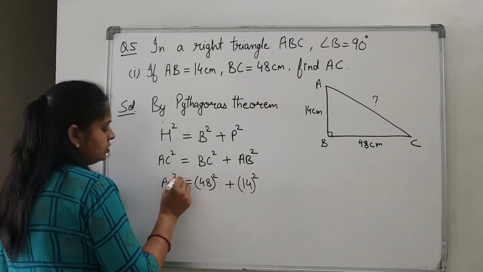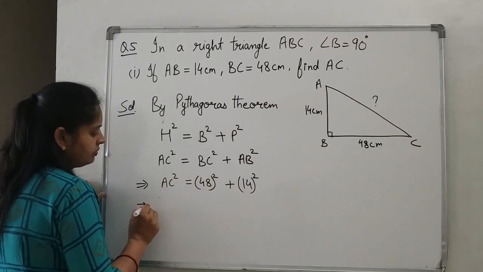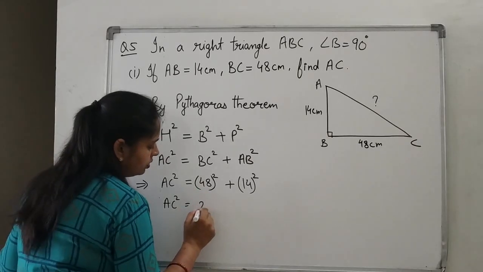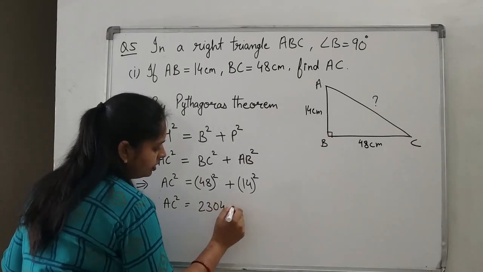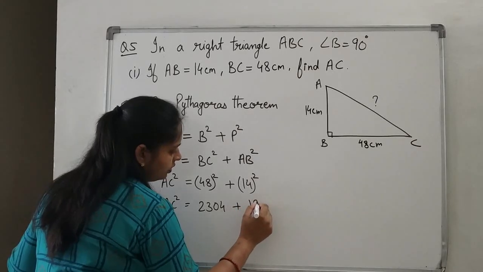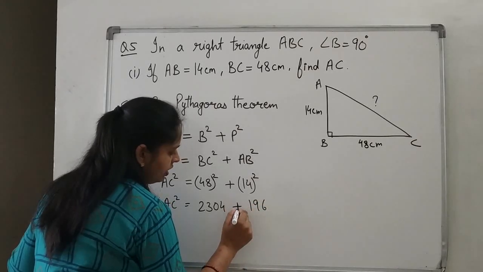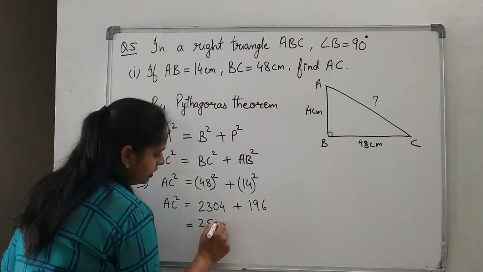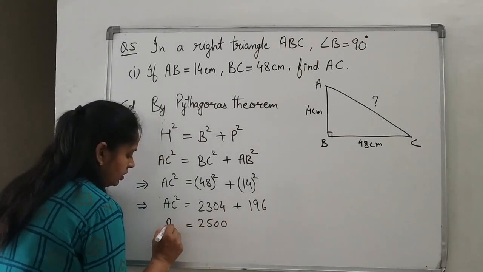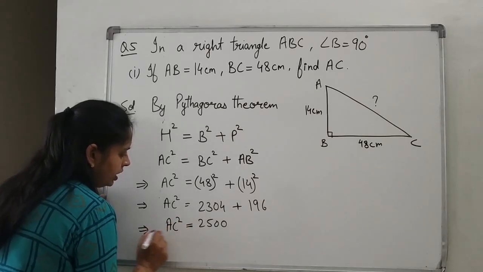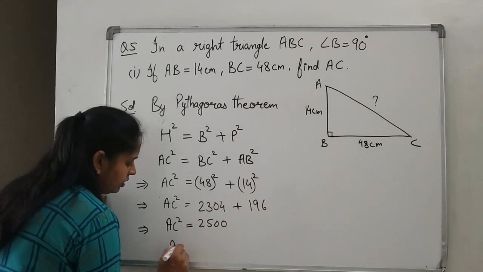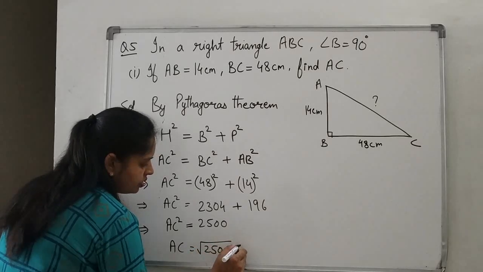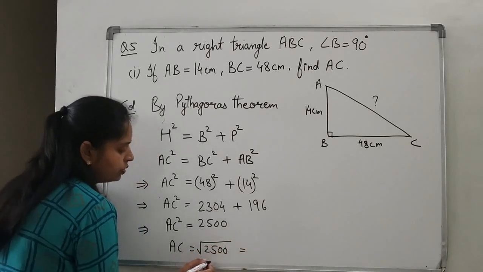That is AC square. So AC square is equal to 48 square, which is 2304, plus 14 square, which is 196. We have to add these two. When you add, you get 2500. So AC square is equal to 2500, and AC will be the square root of 2500.